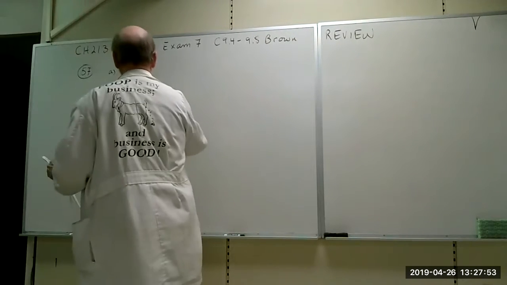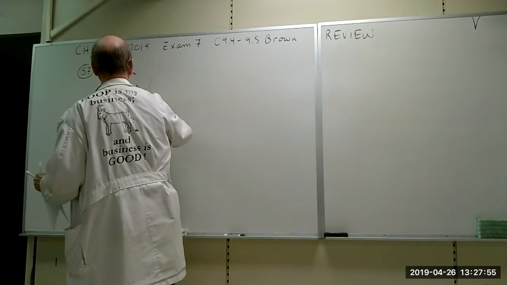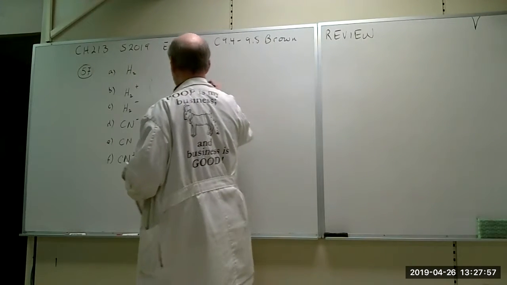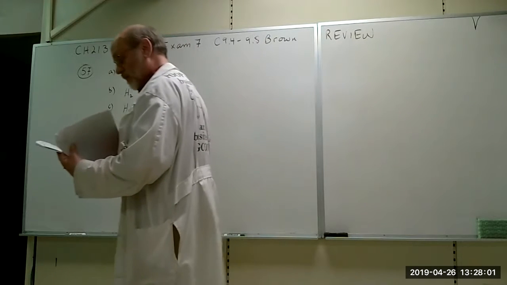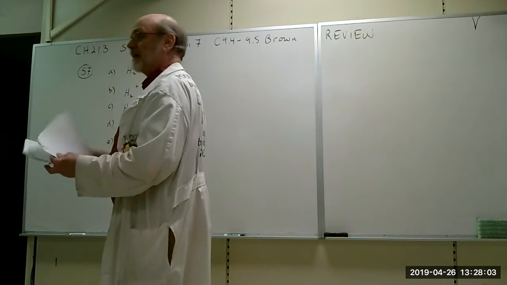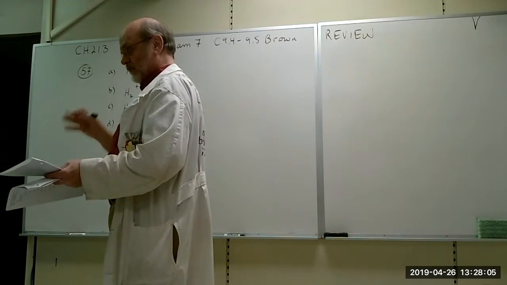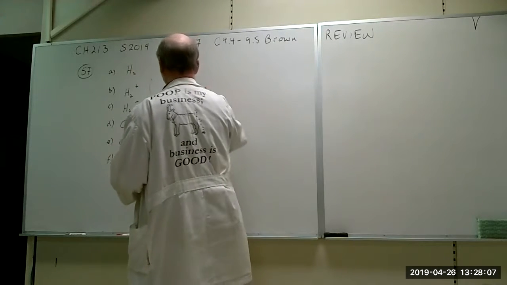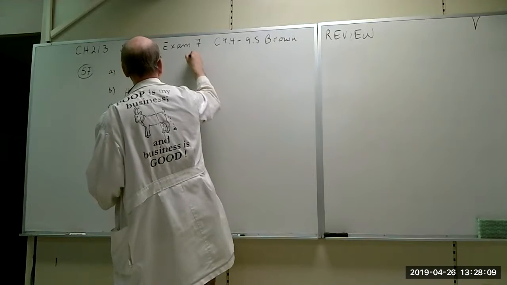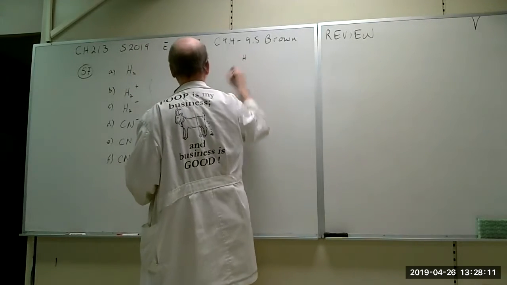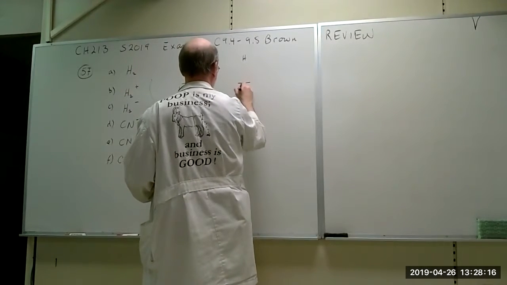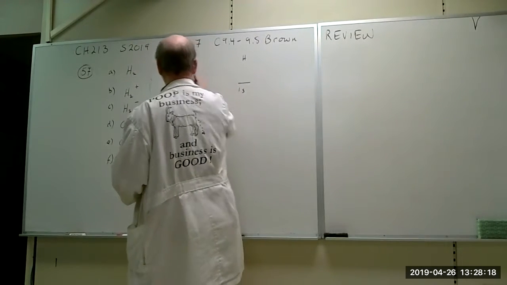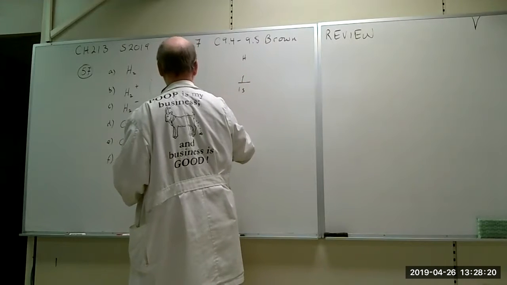So let's take them in groups. Right? If we're going to draw the molecular orbitals, when it asks for bond order, you have to go to molecular orbitals to do that. So we've got a hydrogen on this side, hydrogen on that side, and we've got a 1s here and a 1s there, each with one electron in it.